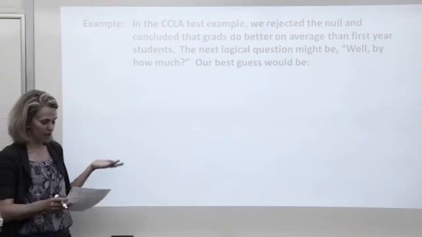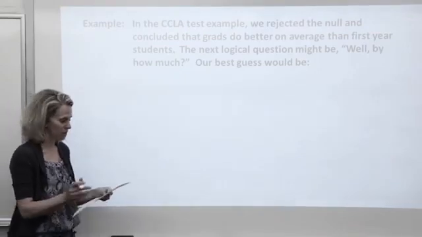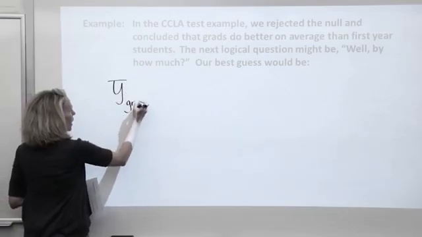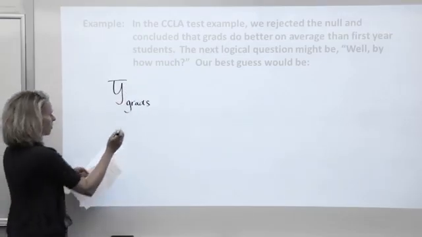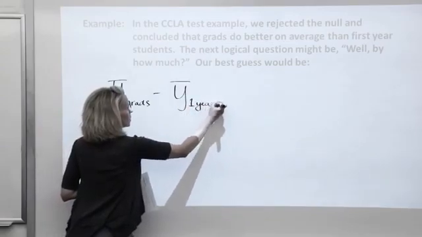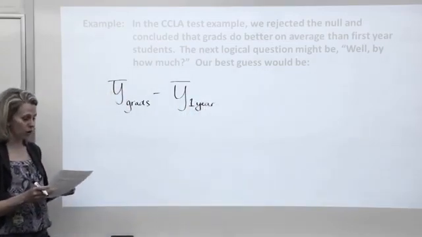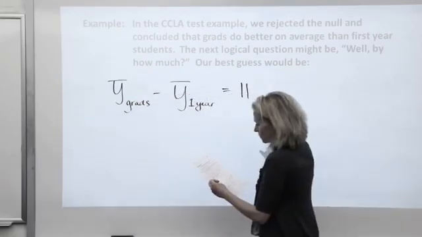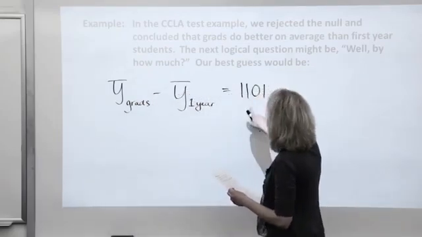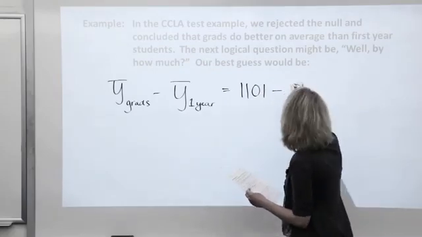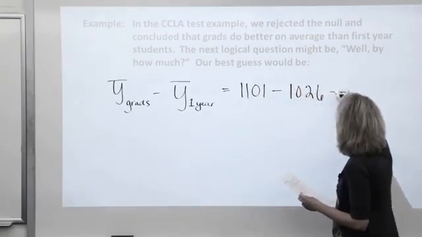So our best guess, we could look at what happened in our sample, and we could look at the average for the grads and see how that differs from the average for the first-year students. And that might be a starting place for our best guess. So you might recall that for the grads, the average was 1,101, whereas for the first-year students it was 1,026.